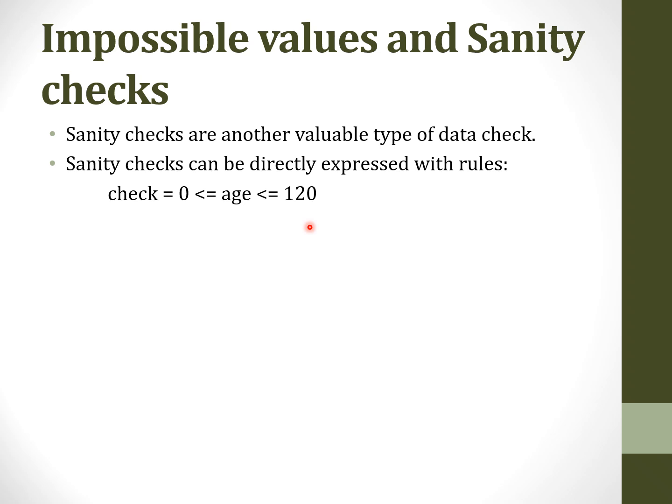If you enter a value above 120, it has to throw an error directly when entering itself. So this is called a sanity check. This is made in order to avoid errors during the data entry process.